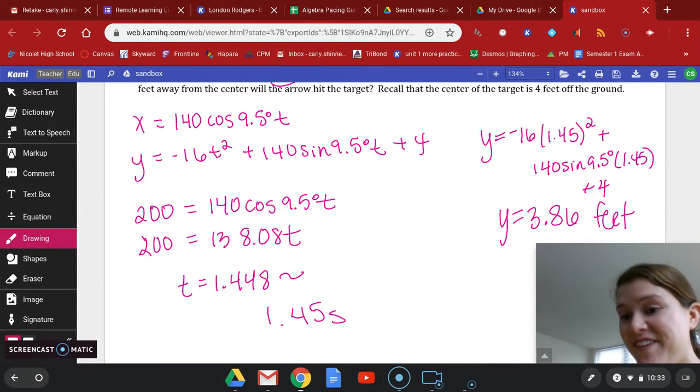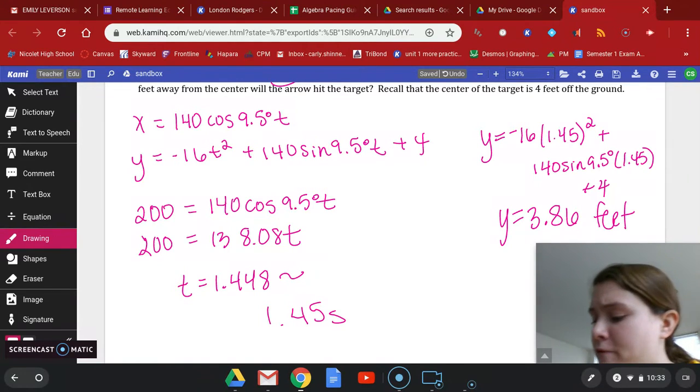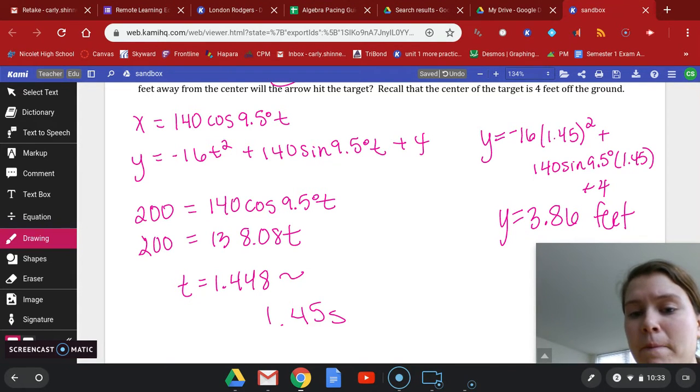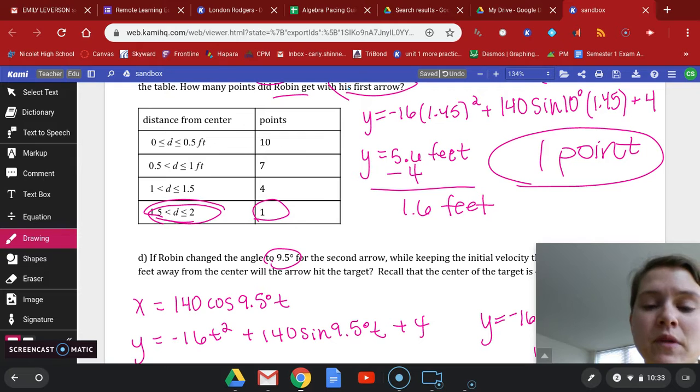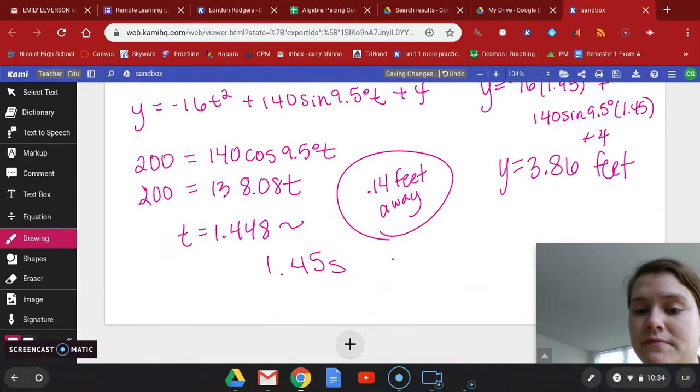Wow, Robin Hood definitely got closer to the target. Remember, the target's 4 feet off the ground. So actually, 4 minus 3.86, he is about 0.14 feet away from the target. So that's pretty close. Let's go up here. So 0.14 feet from the target would give me 10 points.